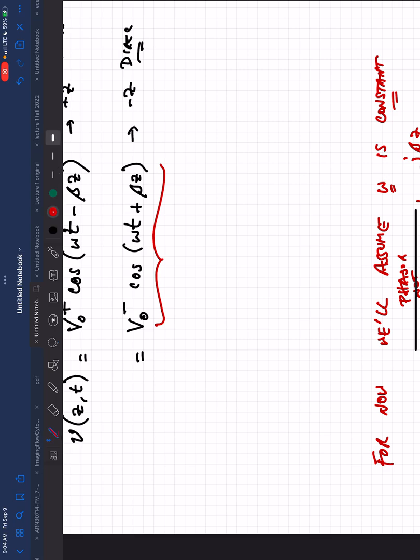Okay, so V at z of t, if you just look at the positive side, if you write it in exponential form, is going to look like V0 plus e to the j omega t minus beta z.